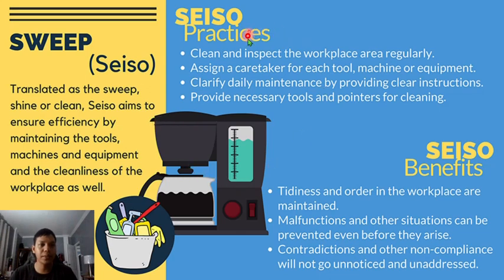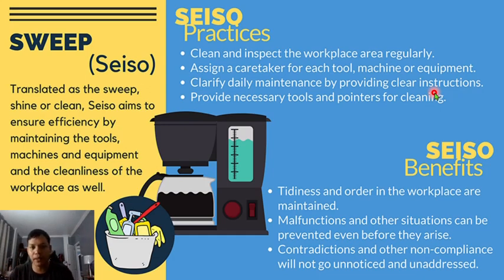Here are the practices of sweep or Seiso. We need to clean and inspect the workplace area regularly. We need to make sure that everything is in order. Assign a caretaker for each tool, machine, or equipment. Number three, clarify daily maintenance by providing clear instructions. There are many items in the food and beverage department that must have maintenance, maintaining the cleanliness of the items.